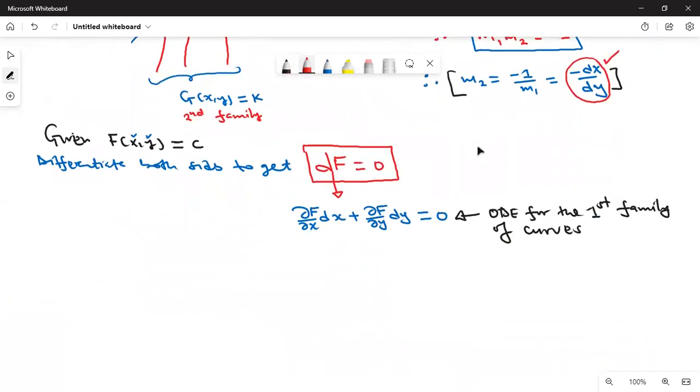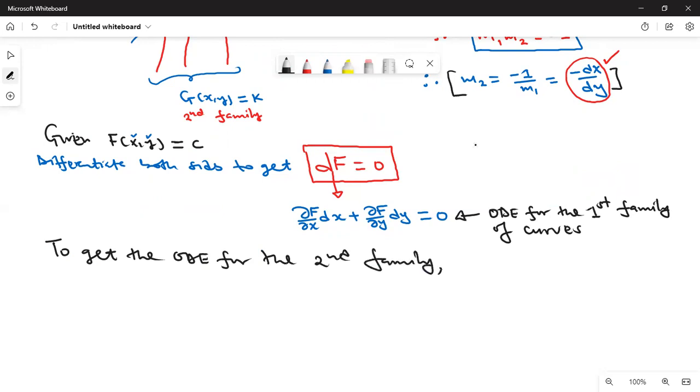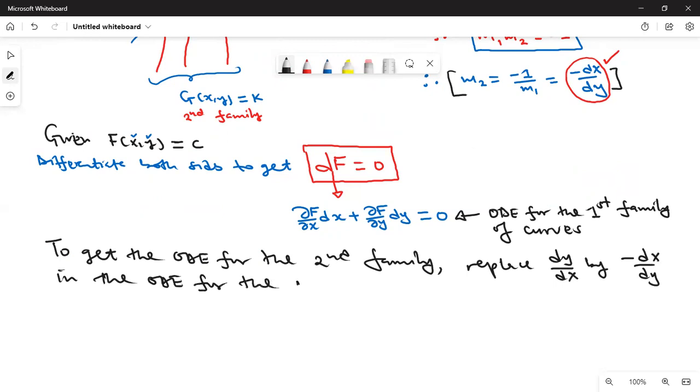So to get the ODE for the second family, replace dy over dx by negative dx over dy in the ODE for the first family.